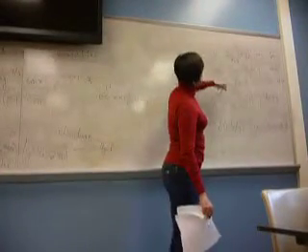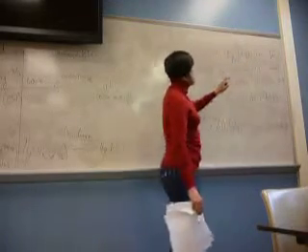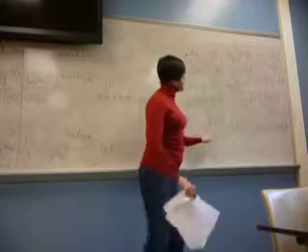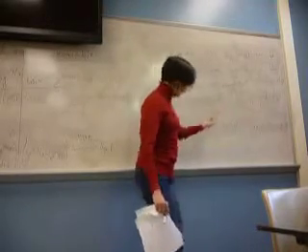So basically, what this theorem is saying is that if this is of the form function of x times function of y, then it can be written as the probability density function of x times the probability density function of y. So let's prove this.